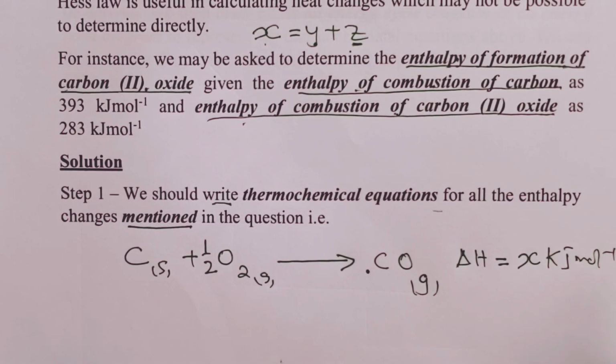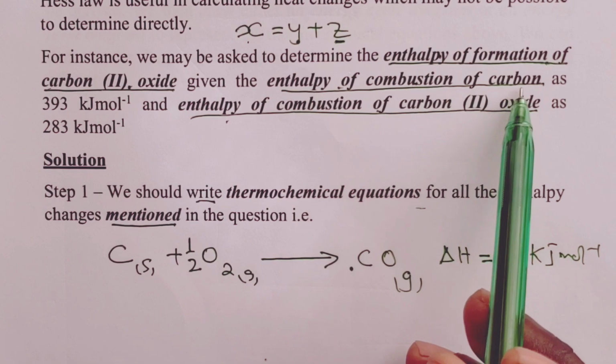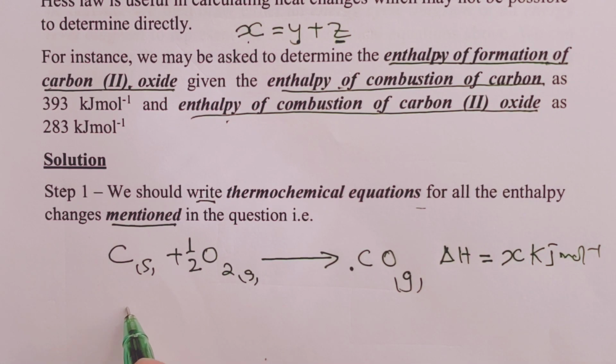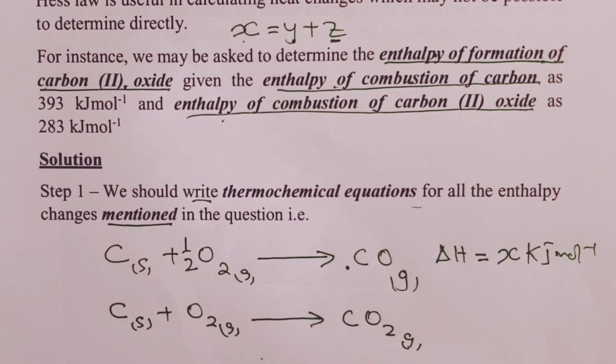Now, this enthalpy change has not been given in our question, so we shall denote it with X kilojoules per mole. Moving on to the other enthalpy changes mentioned, we have enthalpy of combustion of carbon. Enthalpy of combustion of carbon would mean that we burn carbon in excess oxygen to get now the higher oxide, and that is carbon 4 oxide. The equation is already balanced, but for it to qualify to be a thermochemical equation, we must have its delta H indicated on the right hand side.